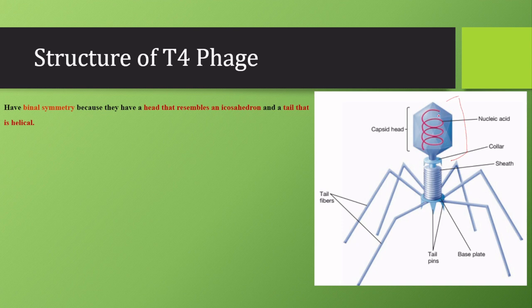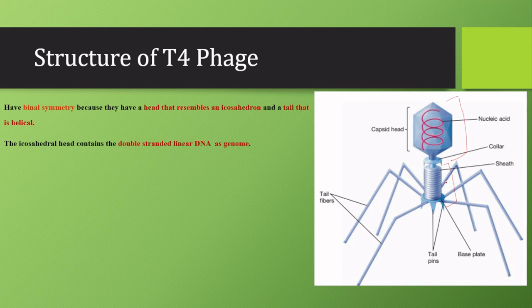So it has an icosahedral shaped head and it has a tail. This region is the tail, and this tail is helical. So basically it has a head and a tail.